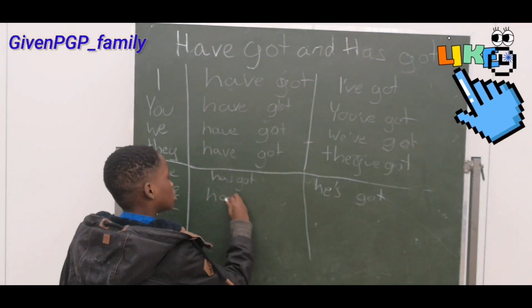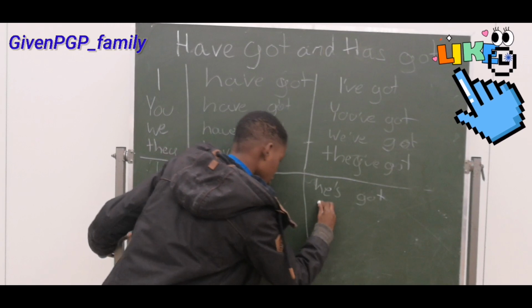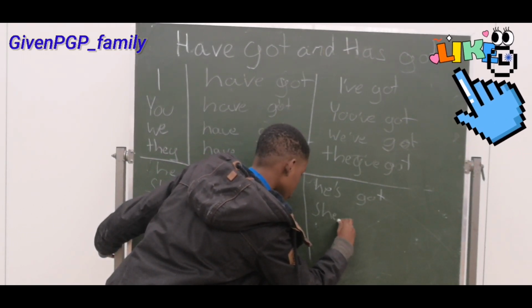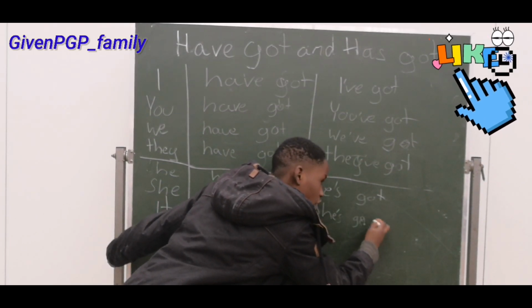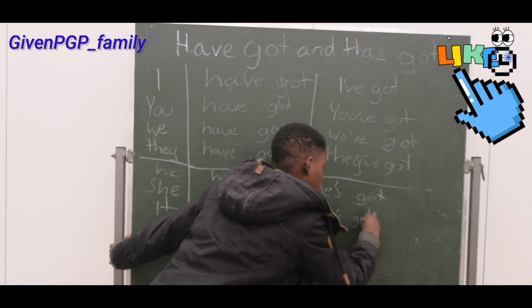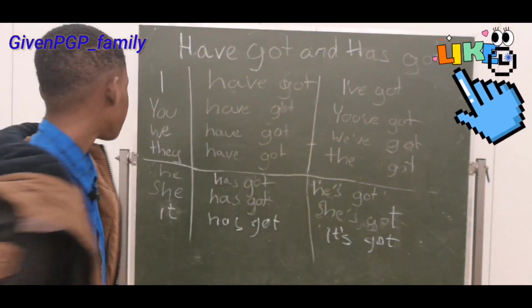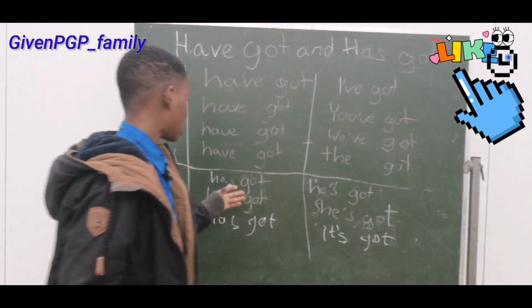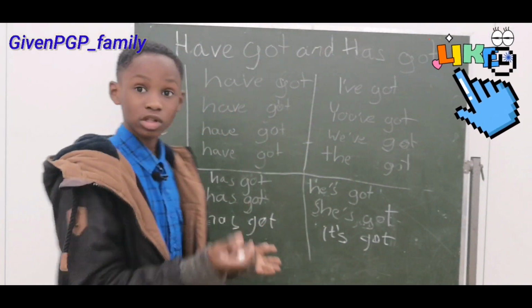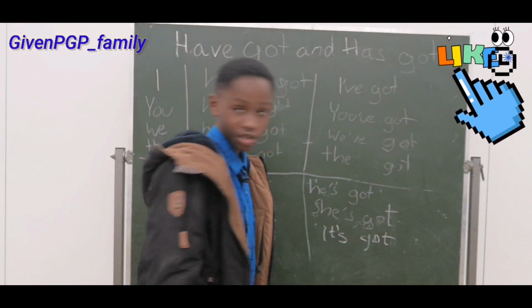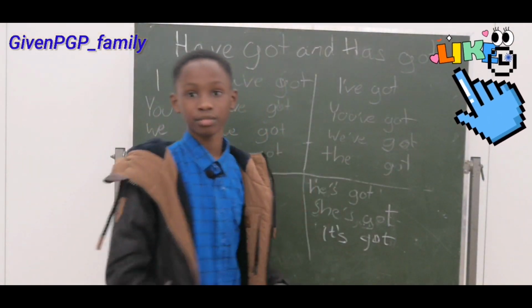So guys, again: he has got is the long form, he's got. She has got is the long form, the short form is she's got. It has got, that's the long form, the short form is it's got.